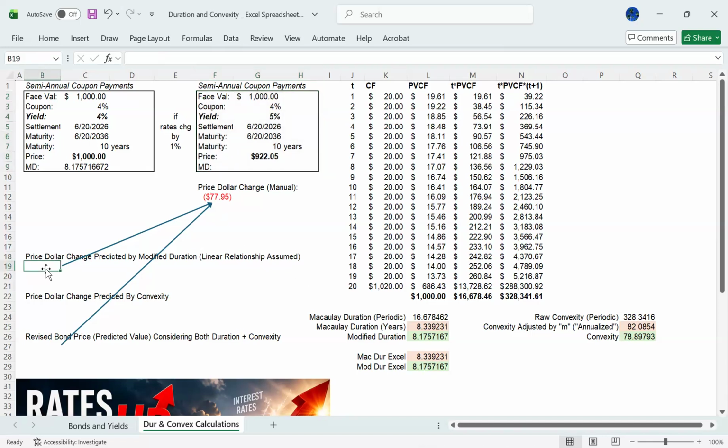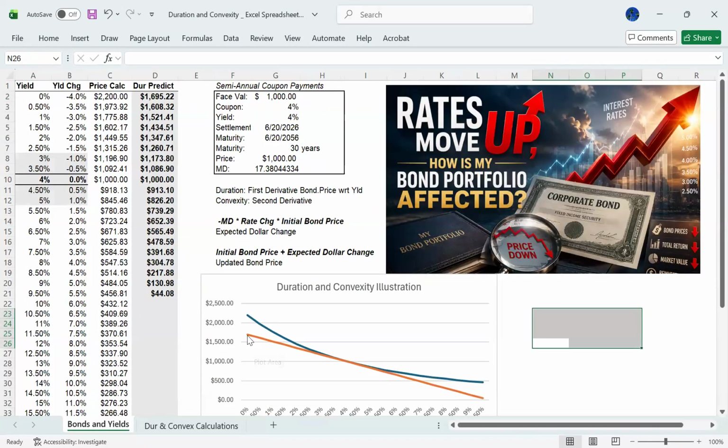Let's look at modified duration only: we get this orange line, the prediction of modified duration. Then we need the convexity adjustment in order to get a prediction that is closer to the blue line, the actual fair value of the bond given the new rates.